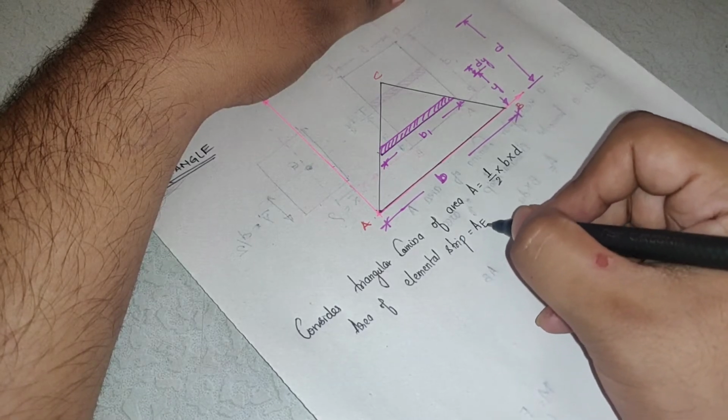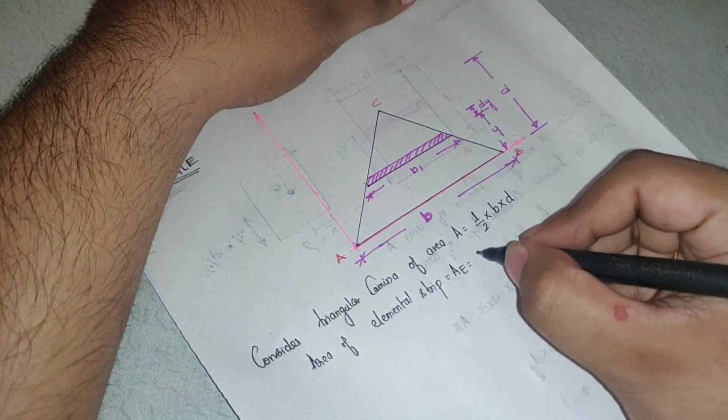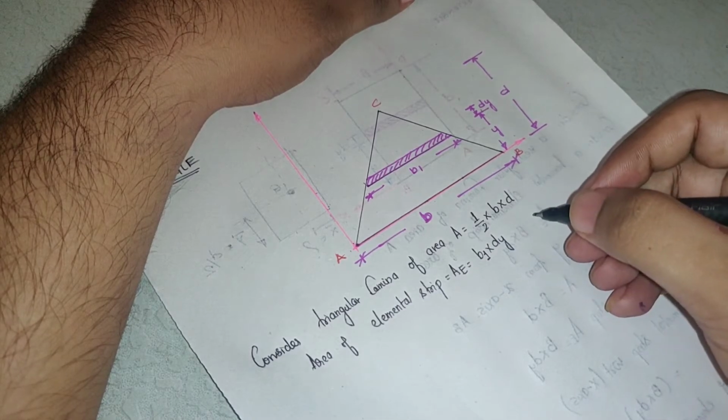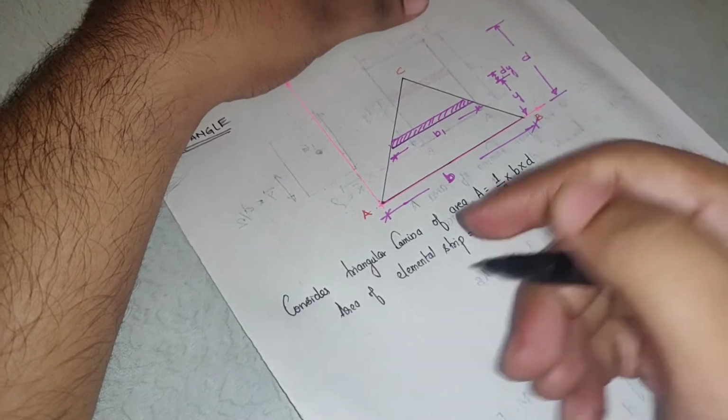I'll call that A suffix E. The area of the elemental strip is assumed to be of rectangular shape, so it is B1 into dy.